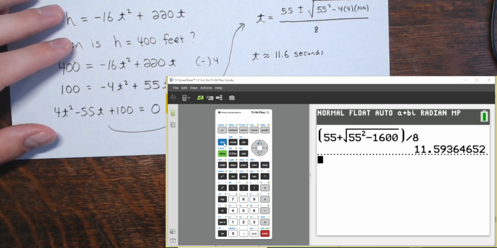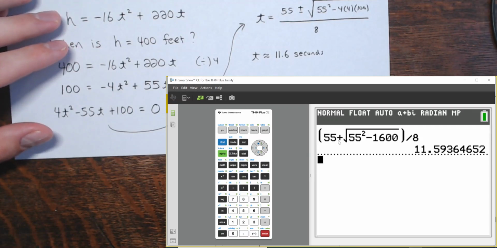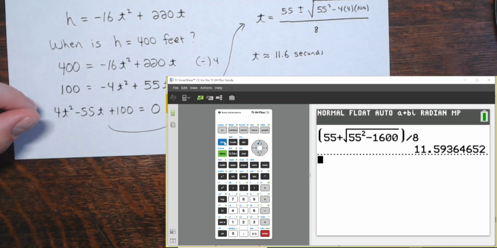And then on the calculator, I just want to change this plus to a minus. So I scroll back through and change the plus to a minus. Great.